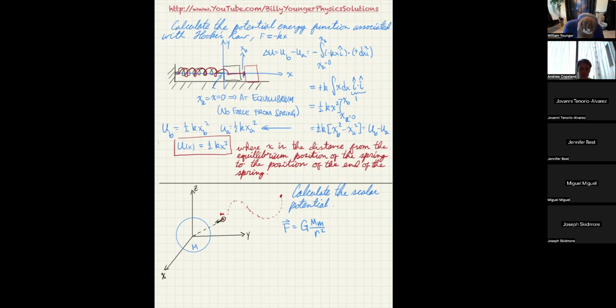Therefore, we're going to define a little vector r hat such that negative r hat is that little guy. So when we go to say the force of gravity, we're going to put a negative there and we're going to put an r hat right there. That r hat turns out to be the r hat from spherical coordinates.